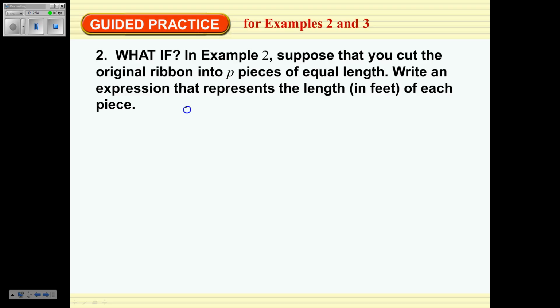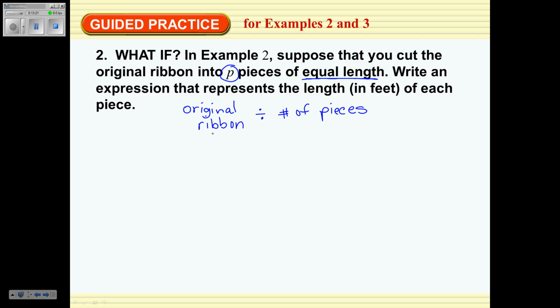Original ribbon cut into pieces of equal length. So what operation would cut something into equal length? Divided by, and then how many pieces are we dividing it into? Dividing it into number of pieces. And they already give us the variable.